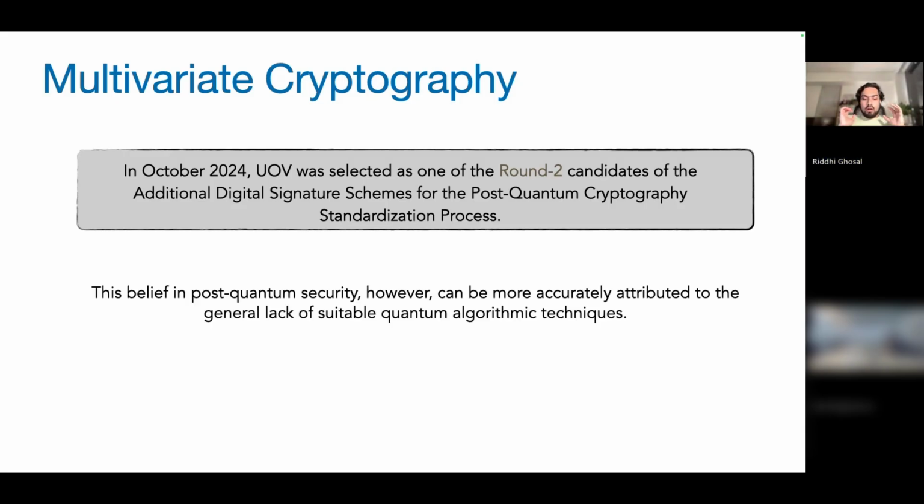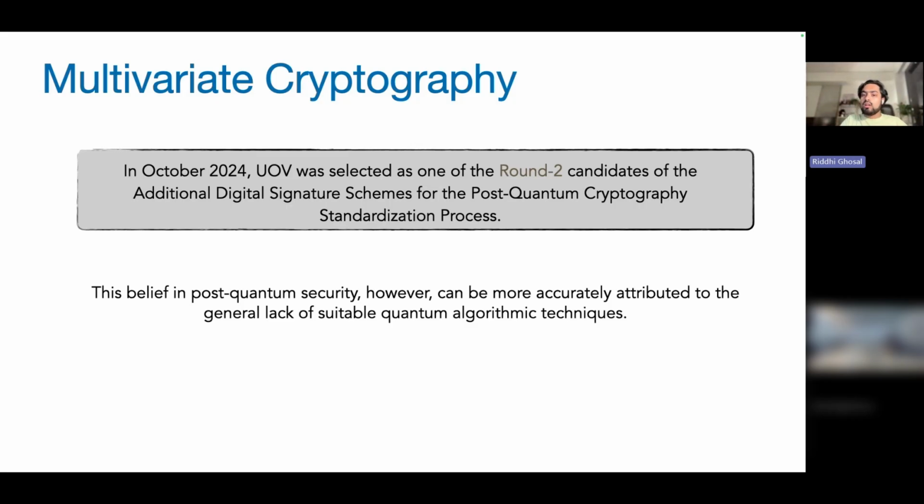But at the crux, this belief in post-quantum security is probably just because there is a lack of quantum algorithms to analyze such problems, right? The major quantum breakthrough that we've seen was probably Shor and a few other things. But when it comes to polynomial systems, we probably just do not have enough quantum tools to analyze what is going on here under the hood.